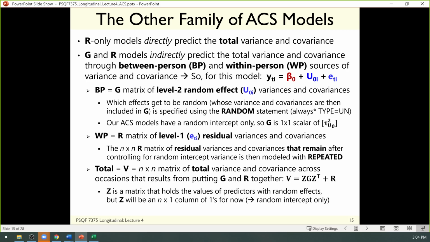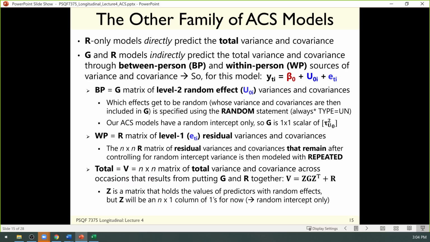But it's separate. So R then is going to be only the within person matrix now. R has the level 1 residual variances and any covariances that are left over after pulling the random intercept out. But we can put them back together again to show the overall predicted marginal covariance matrix, and that gets a name, V.